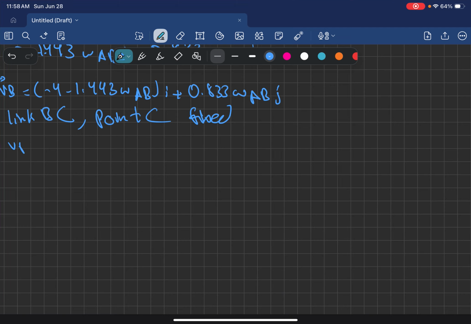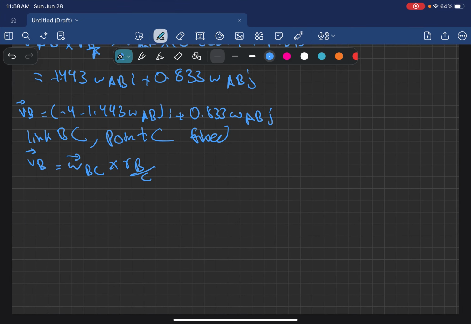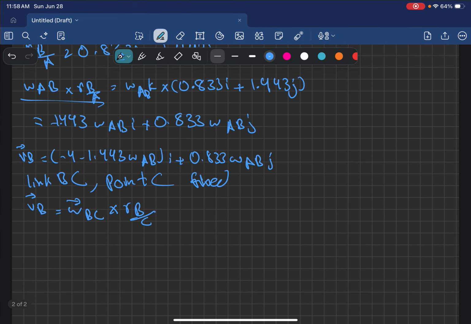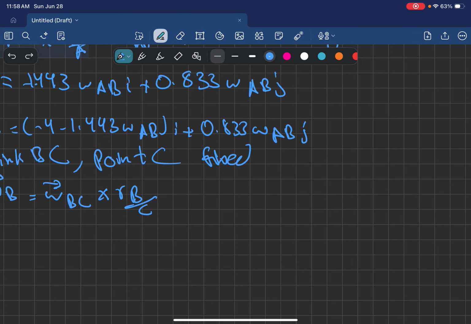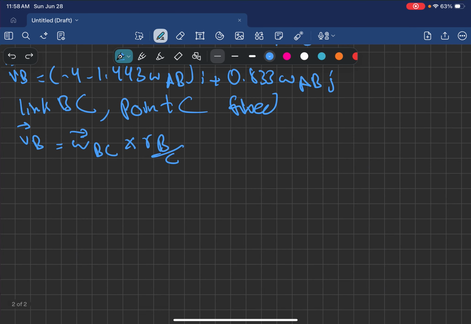Okay, and then we need to find vector V sub B, the angular velocity of BC cross product with r of BC. Remember we did the cross product of these two? It's going to be pretty similar to this one. Again, I'm not going to do it, but it's encouraged to do. Honestly, you don't have to do it either.